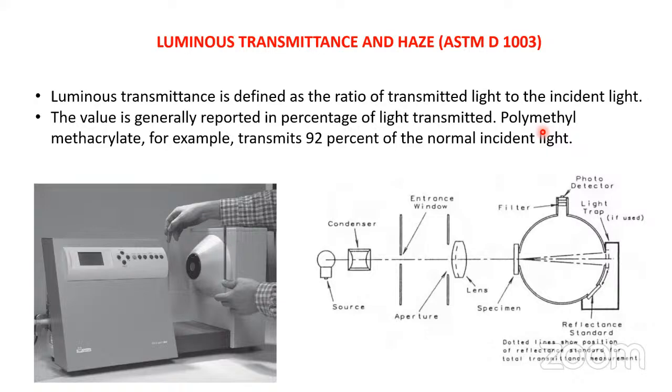For example, polymethyl methacrylate can transmit 92% of the normal incident light. If you send in 100% of light, it will transmit 92% of light through it. In that way you can calculate the transparency of your polymeric material.